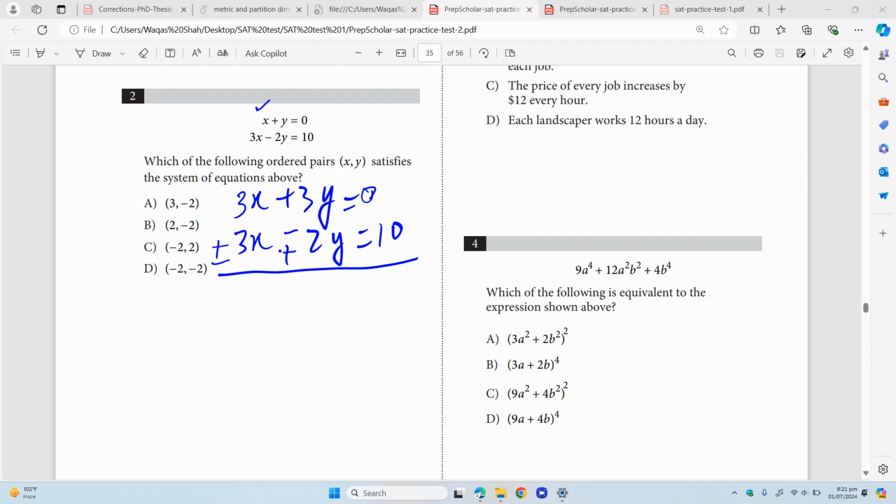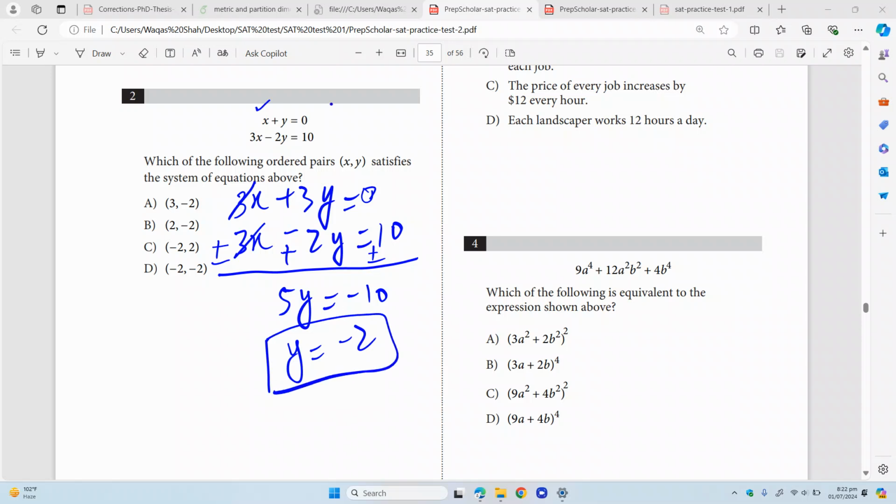So we have to change the sign of every term in the second equation. It will be minus, cancel this out, and we will have 3y plus 2y is 5y, and that is equal to 0 minus 10, which is minus 10, and divide both sides by 5, so we will have minus 2. So y is minus 2.